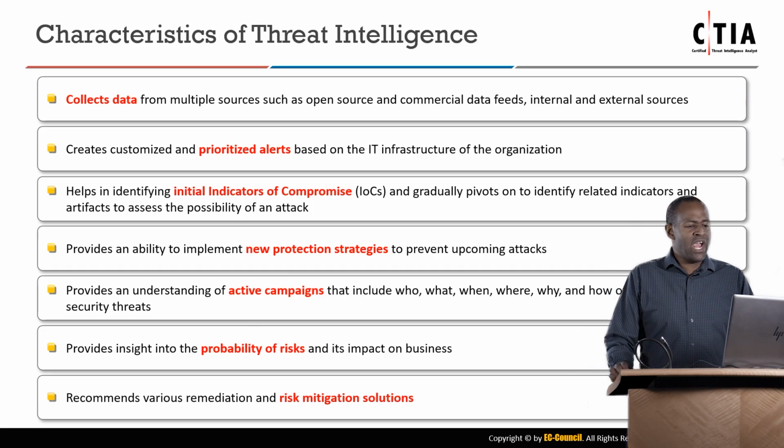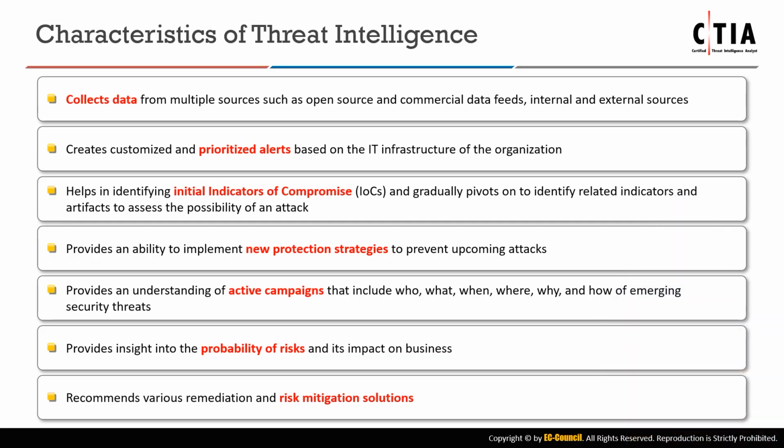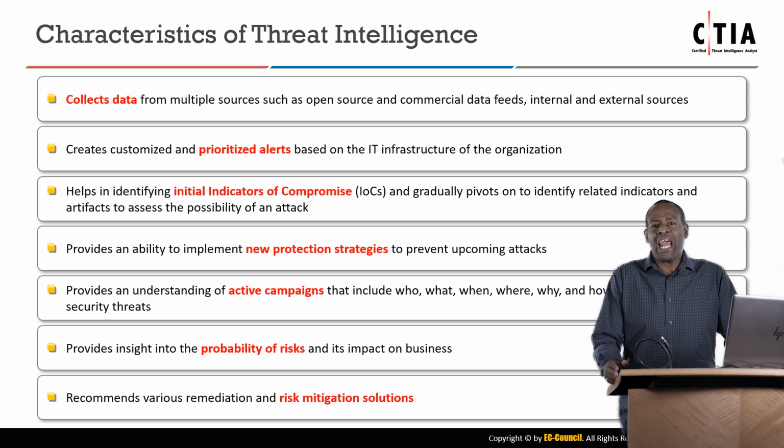So let's look at the characteristics of threat intelligence. Number one, we collect data. This is the number one area for threat intelligence, because without data, even though it's not categorized and it's not intelligence yet, it eventually can be, and it will never be unless we collect it. So we get this data from multiple sources, like open source material that you can get anywhere.